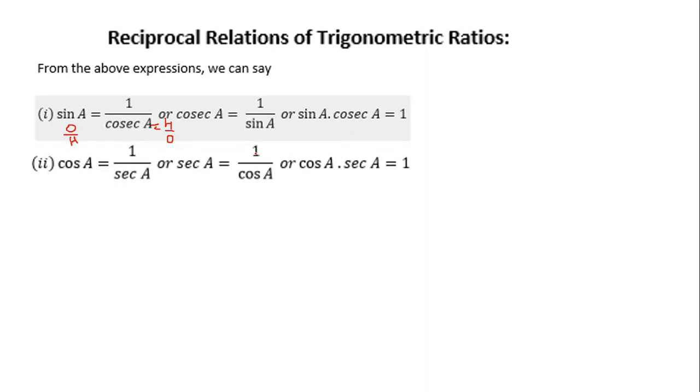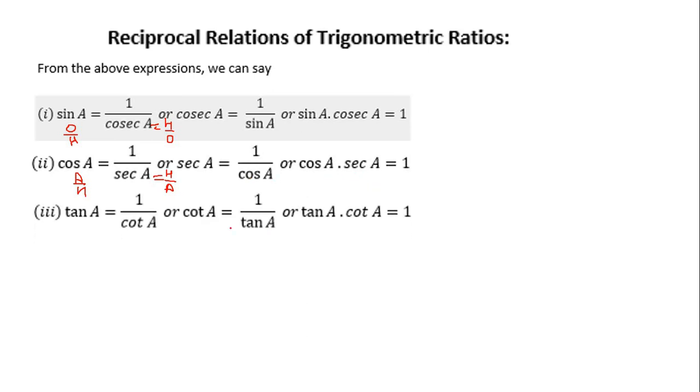Next we have cos A and sec A. Cos A is adjacent by hypotenuse, and sec A is hypotenuse by adjacent, right? So they are reciprocal of each other, and cos A and sec A multiplication is 1.